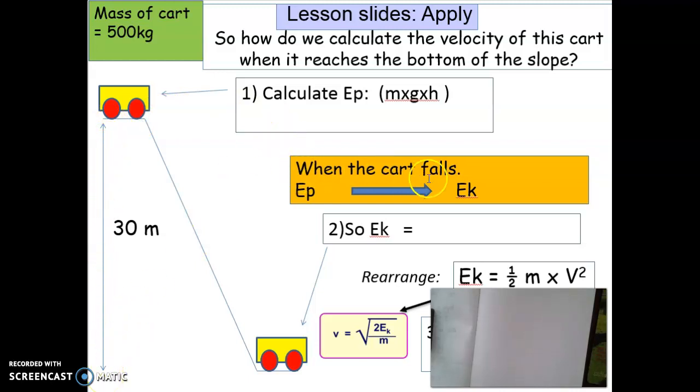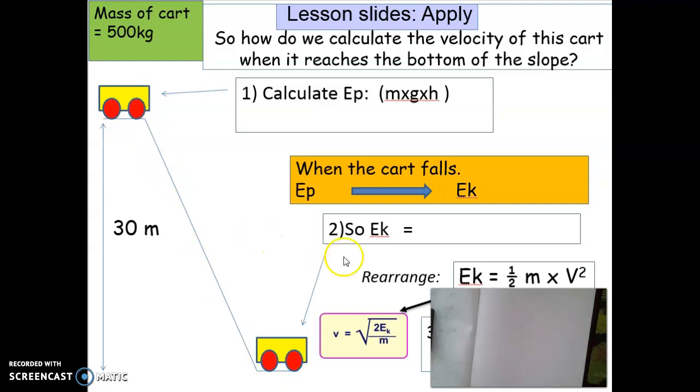When the cart falls, all you have to remember is that we are going to convert our energy from the store of gravitational potential energy into the store of kinetic energy. So down here, just as we hit the bottom, our EK is going to be the same as the EP up here. That's the bit that you have to remember.